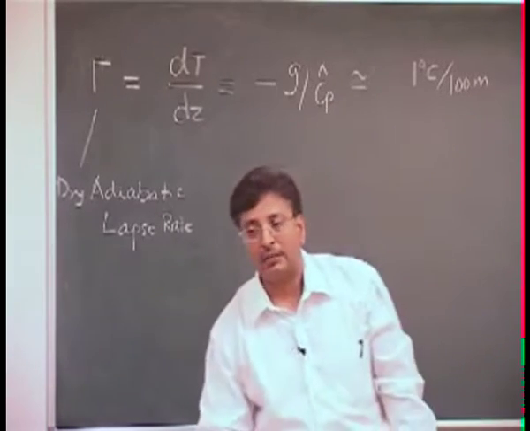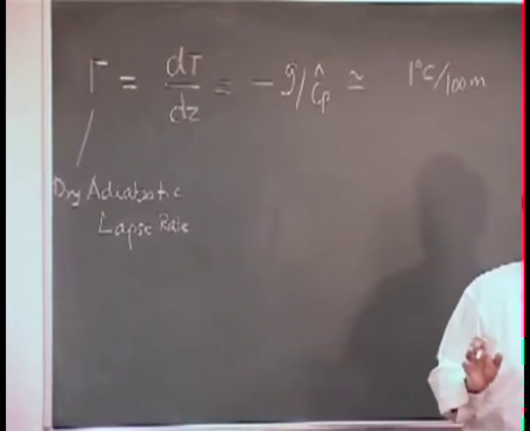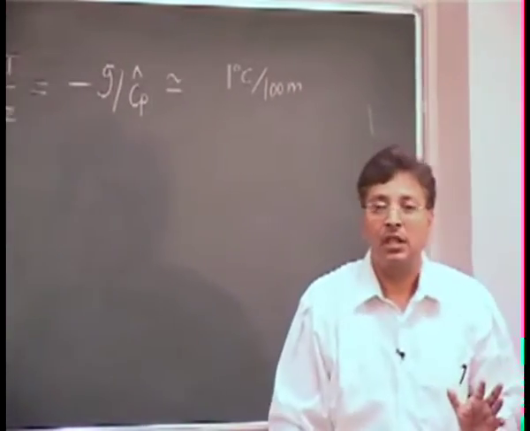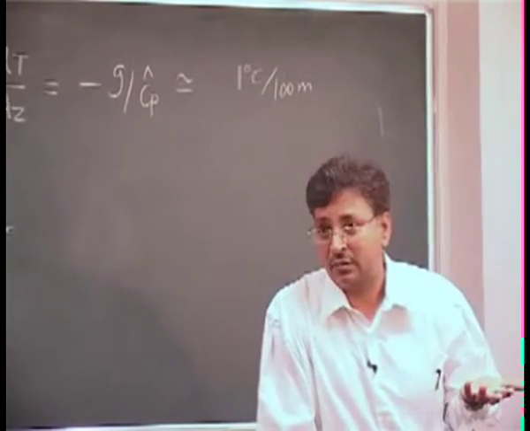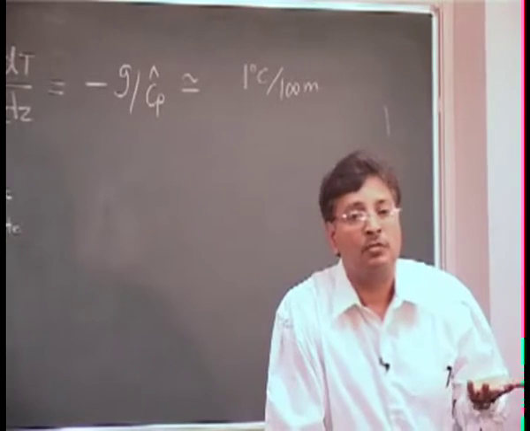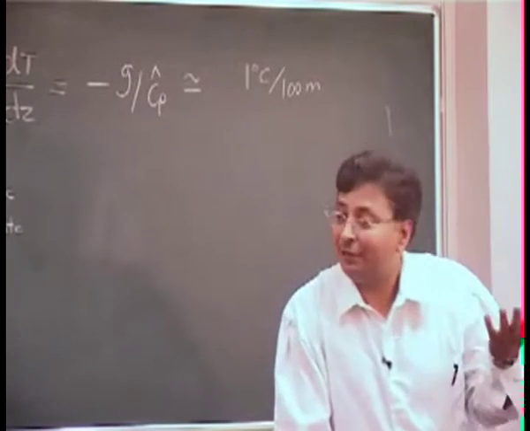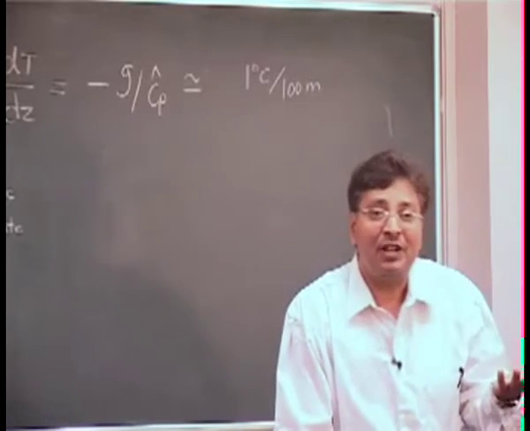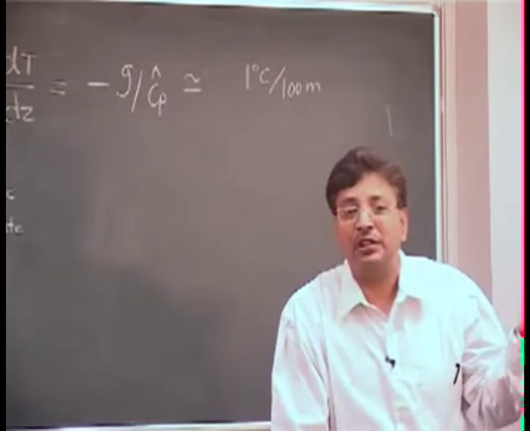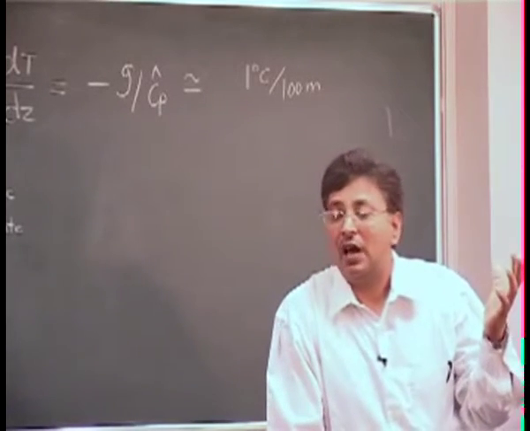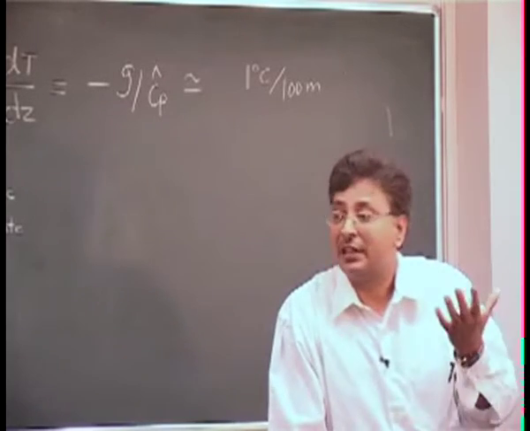Let me also tell you, this derivation we have done simply uses the laws of science and physics. This will also be valid whether you are on Mars or Venus. There also you have an atmosphere. But what will be different? The G will be different, the Cp will be different, and Cp will be determined by the composition of the atmosphere, because the heat capacity will depend on the various gases that are present.